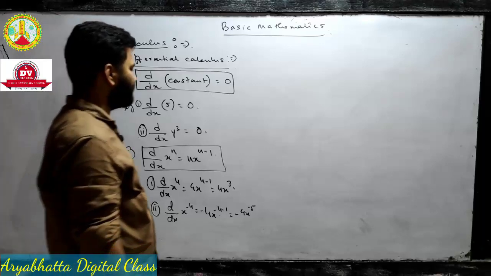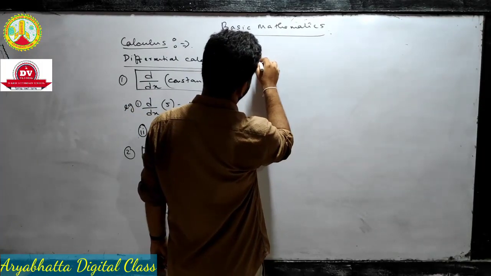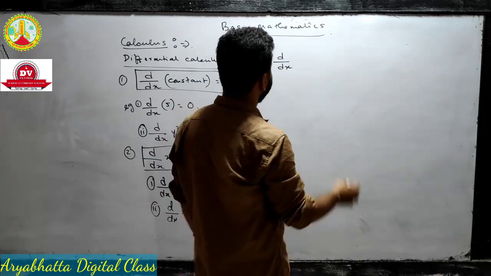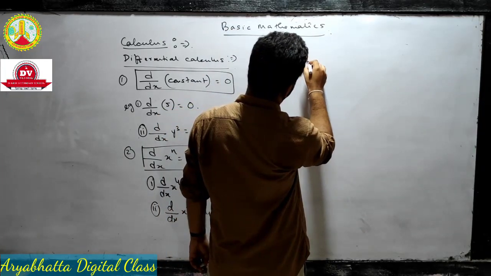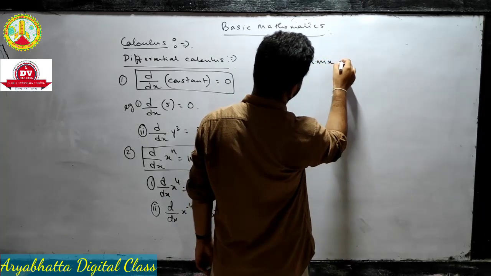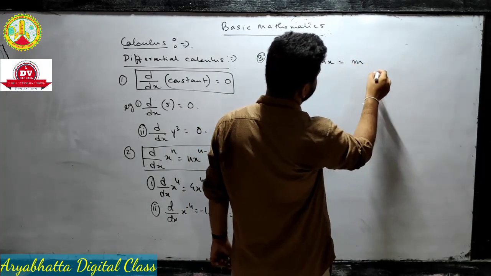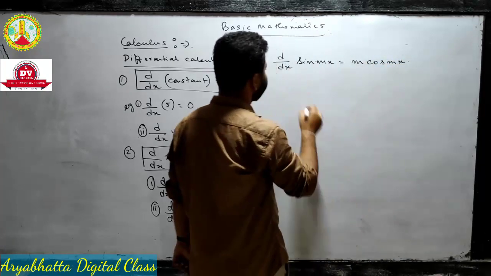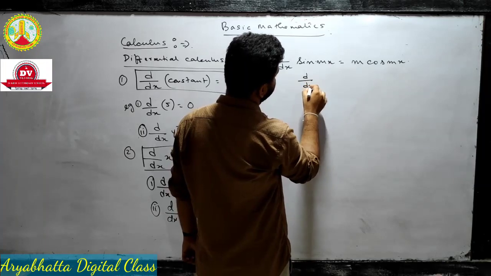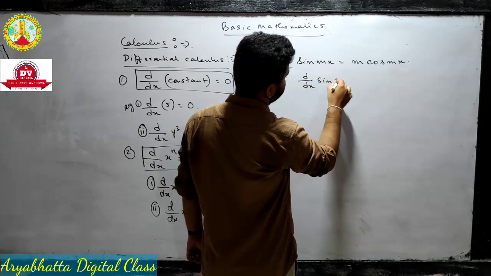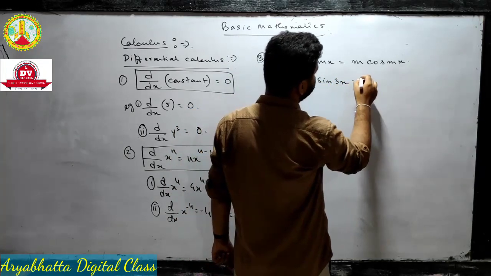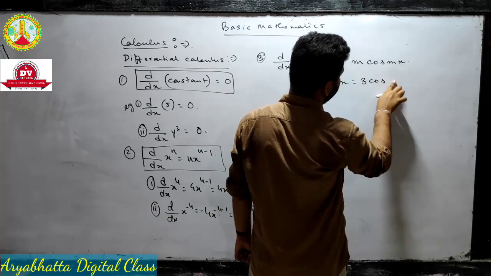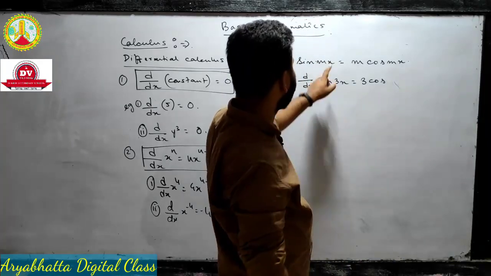The third formula is d/dx of sin mx. m is a constant, so it will be m cos mx. For example, say d/dx of sin 3x. So the answer will be 3 cos 3x. What is the value of m here? m is 3, na?